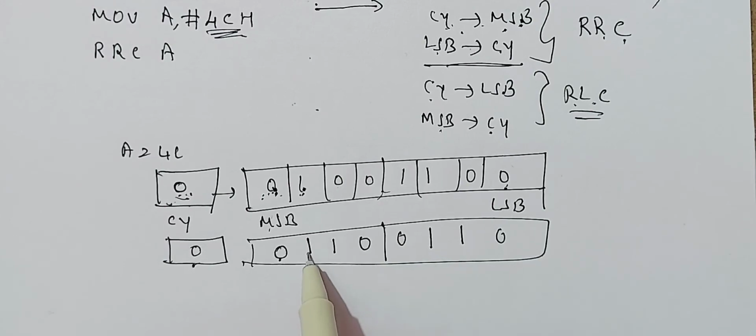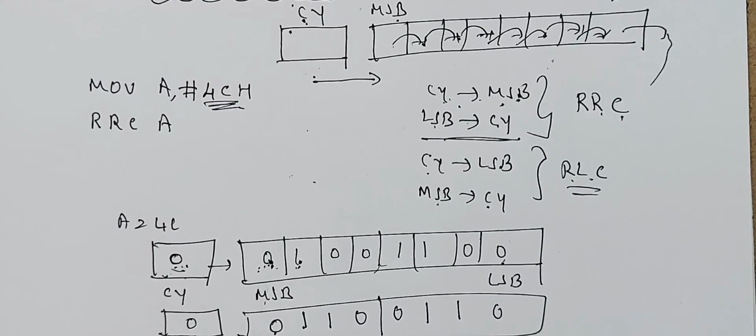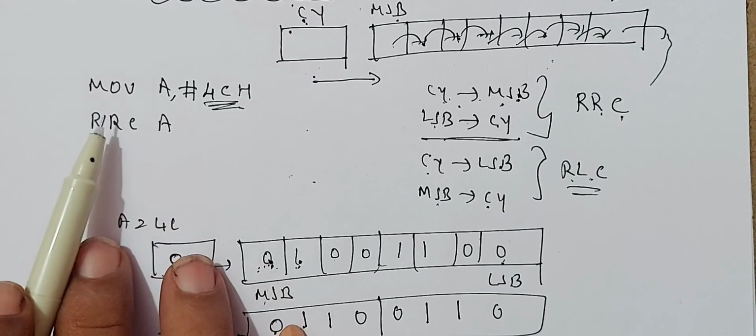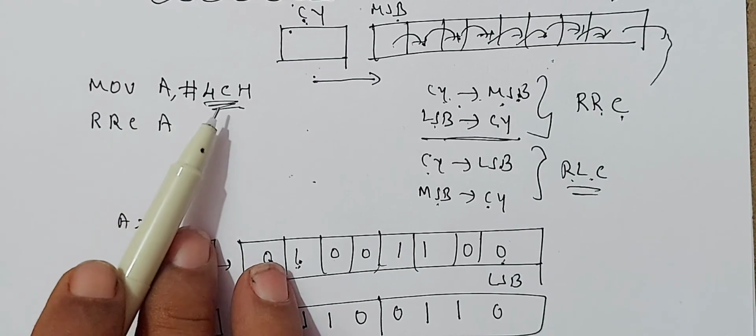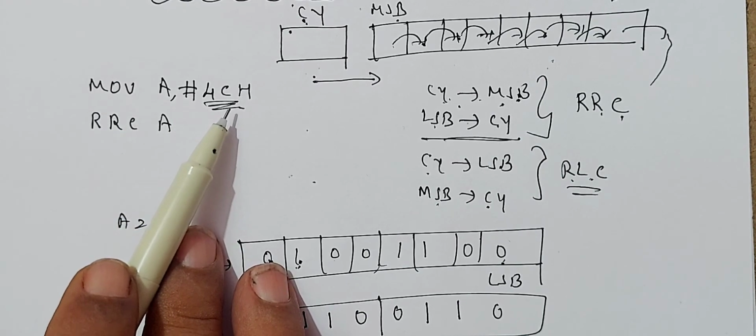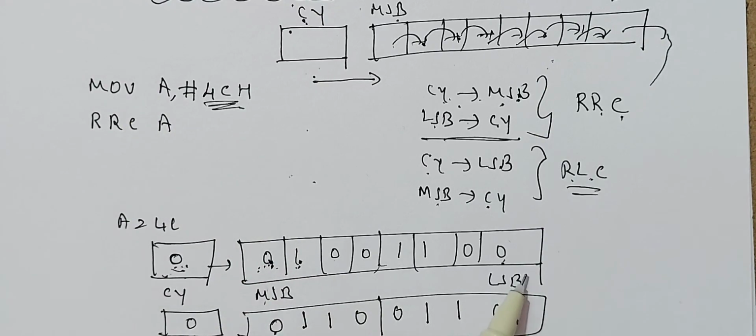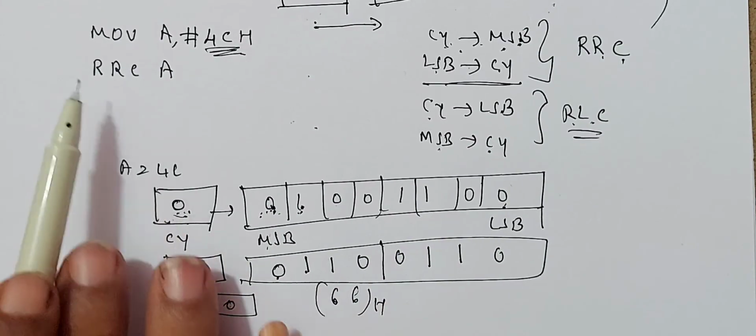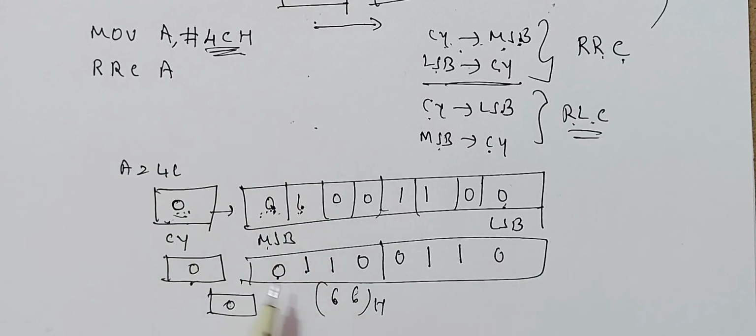This is 0110 0110, that is 66H, with the carry flag 0. So, if MOV A, #4CH is the instruction, then A is loaded with 4CH along with carry 0. Then RRCA means A becomes 66H with carry 0.